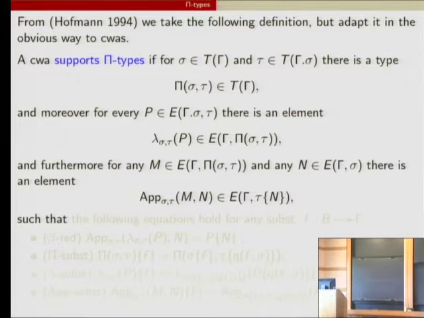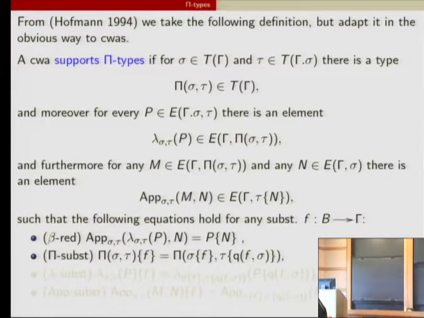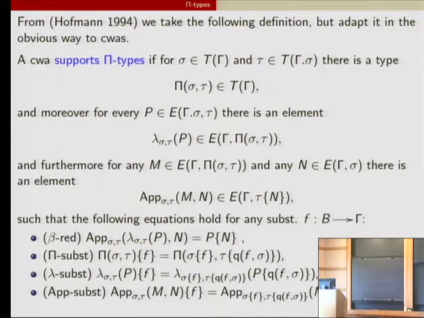And of course we have application, where we do the appropriate substitution in the target type. Okay, and then there are equations for these. Beta reduction, nothing special happens there. Pi substitution, this is how substitution distributes over pi.